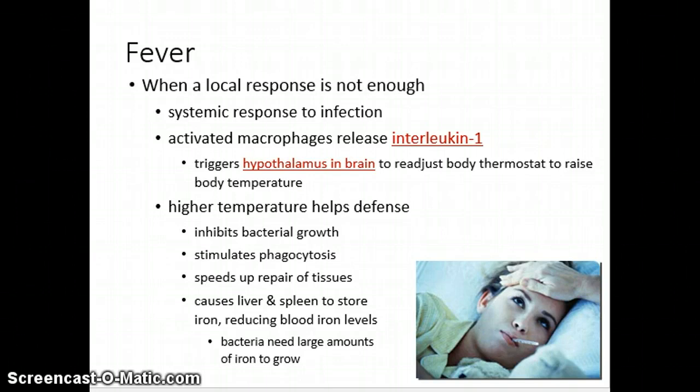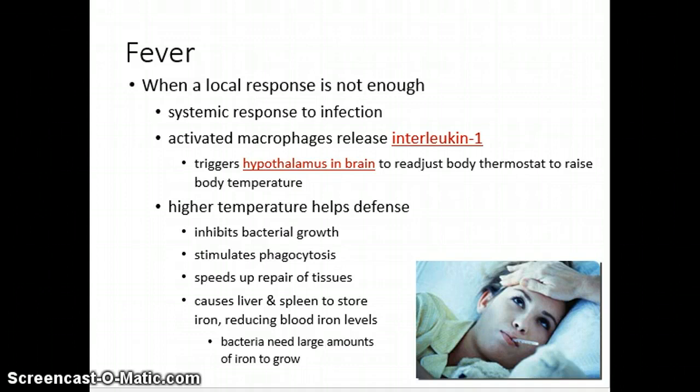One other thing I want to mention before moving on is that sometimes you hear the phrase septic shock. That is when certain bacteria induce a system-wide inflammation response.